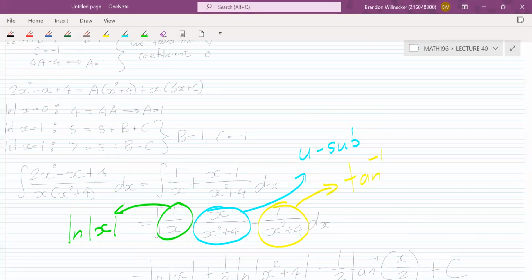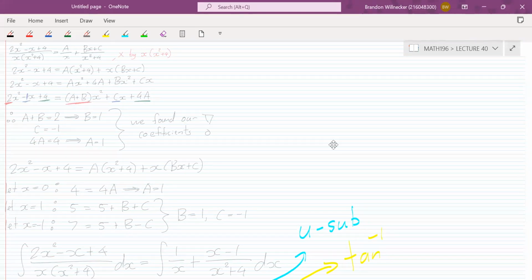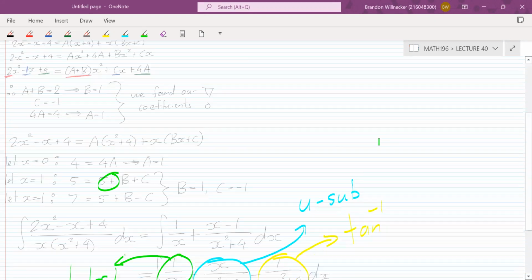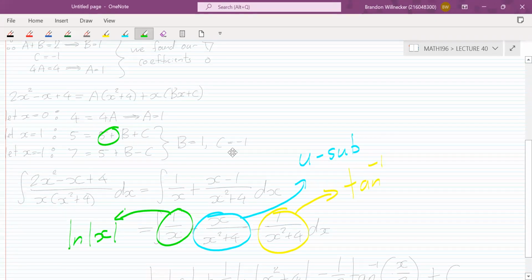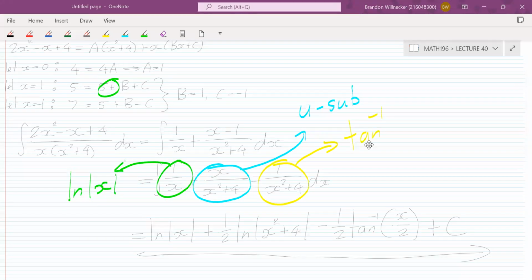Now, just a little warning here. When you do find these coefficients, substitute the coefficients back just to check that they work. You might make a small addition mistake somewhere, maybe you put a plus instead of a minus or something like that. So please check your coefficients, because if you substitute the wrong coefficients into your integral, then everything is wrong after that.